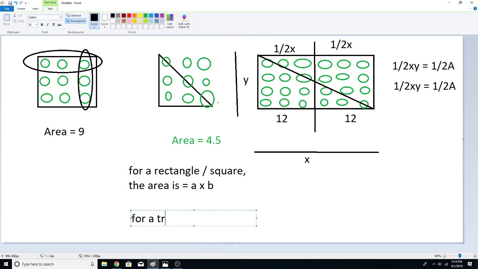For a triangle of the same square, the area equals half A times B.